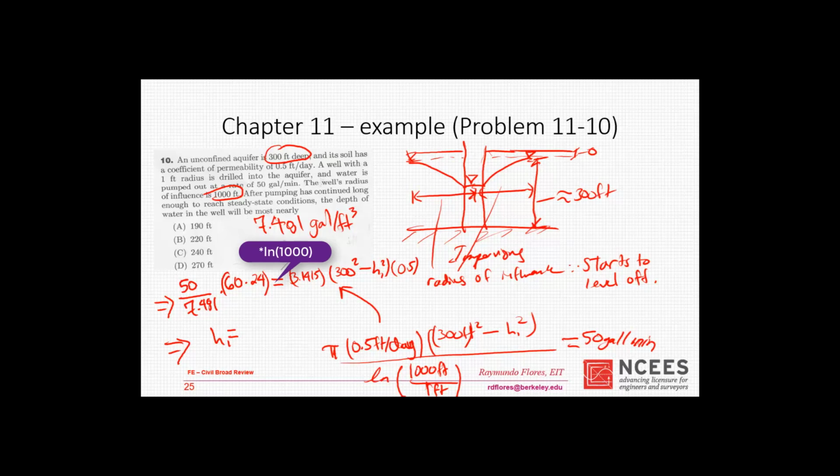So hold on. 50 divided by 7.481, and that's to divide by 0.5, divide by 3.14159, and then 300.